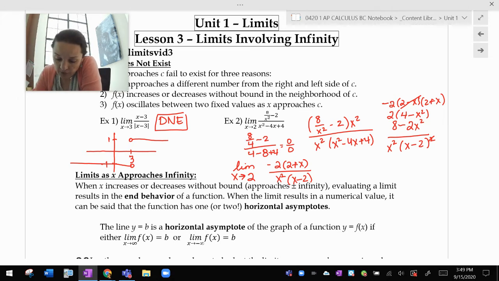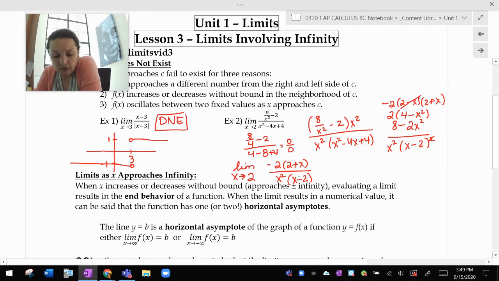Let's find out. So if I come from the right of 2, up here I'm going to have basically negative 2 times 4. That'll be negative. And down here, slightly to the right of 2 would make this close to 0 but positive. So a positive close to 0 times 4.